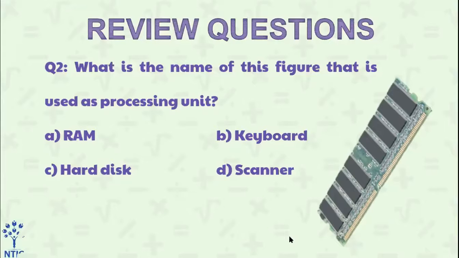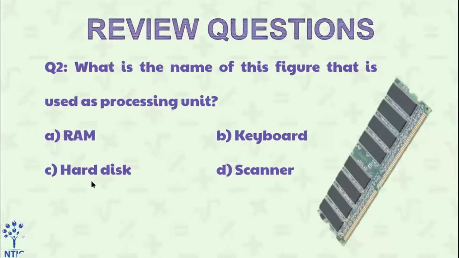Okay, let's see the answer. Dear students, the answer here should be RAM, because there are no keys on this device, so it's not a keyboard. There is no glass, for example a camera, so it's not a scanner.